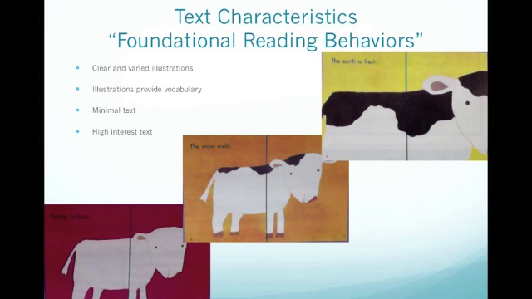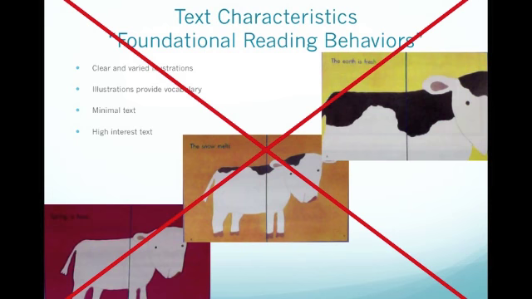The animal, even though it's changing from perhaps a lamb or a sheep to a cow, doesn't seem to change shape or form a lot. I would not say that there's much interest in these illustrations at all, and I can't pull hardly any vocabulary from these illustrations at all. There is minimal text from this story, but there wouldn't be much that I could talk about from this text. So in this case, I would not say that this is a good example for a kindergarten shared reading.